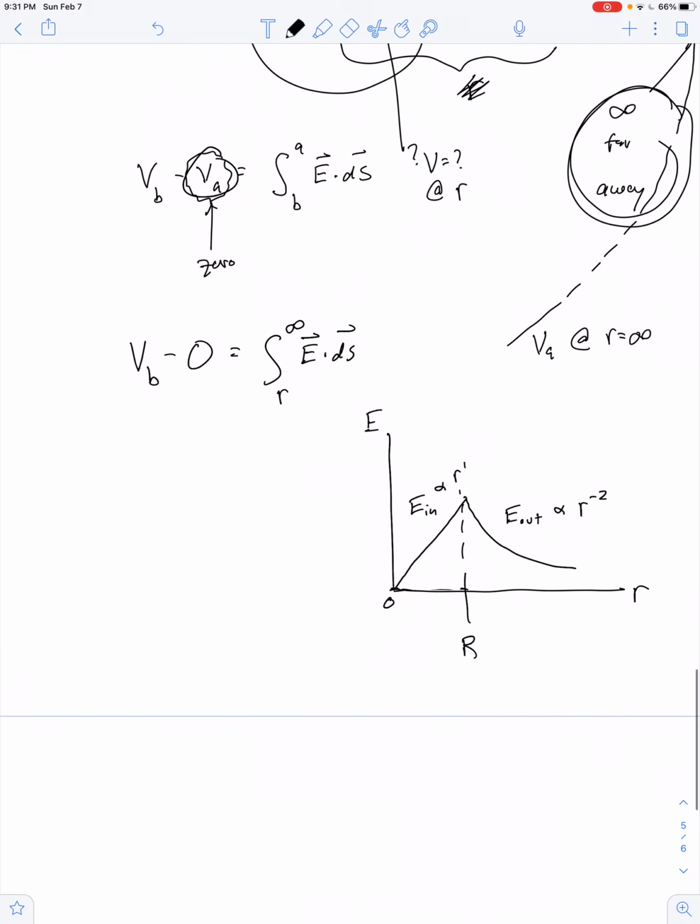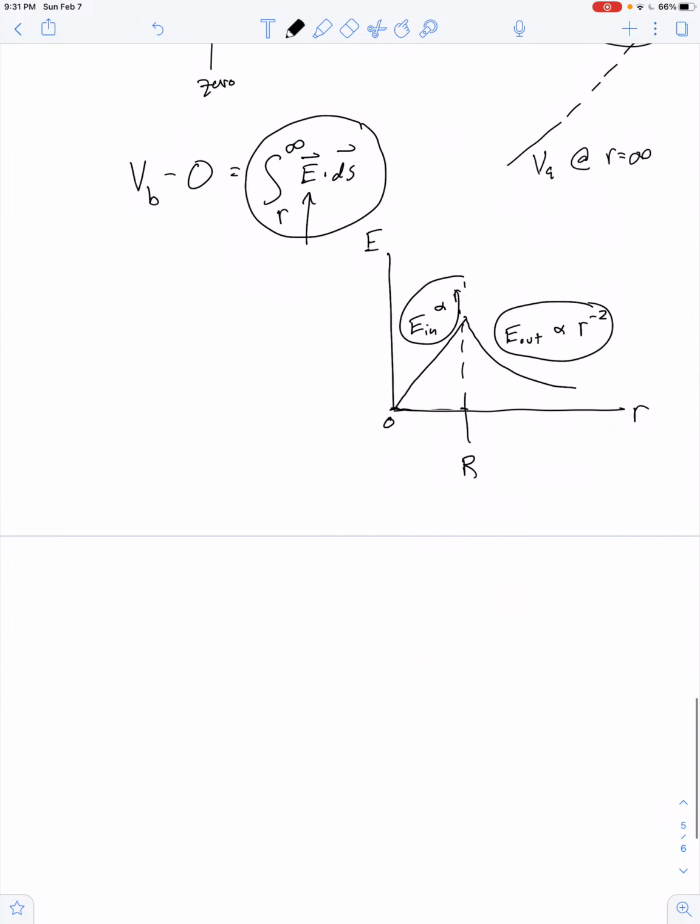So I actually can't calculate this as a single integral because the E is represented by two separate functions. So I would actually have to say that the electric potential at point B, kind of silly for me to write minus 0, right? I'll get rid of that term. The electric potential at point B, I could say is equal to the integral from lowercase r to capital R, right?